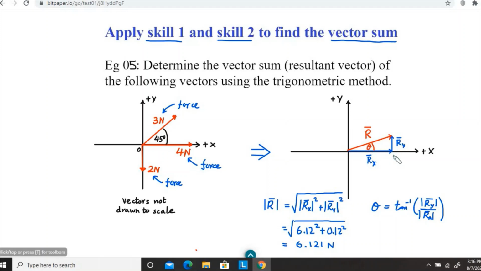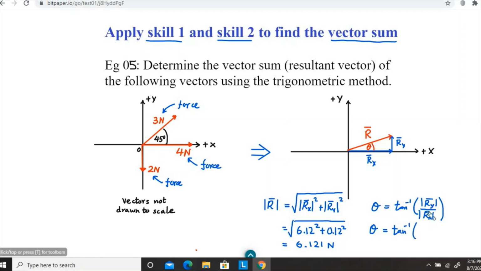So that's why I told you this vector representation is not to scale, because this Ry component is very small, and that should be clear when we figure out theta. It should be a very small value where this R vector is almost parallel to the x-axis, and we should be able to get that when we substitute the numerical values.